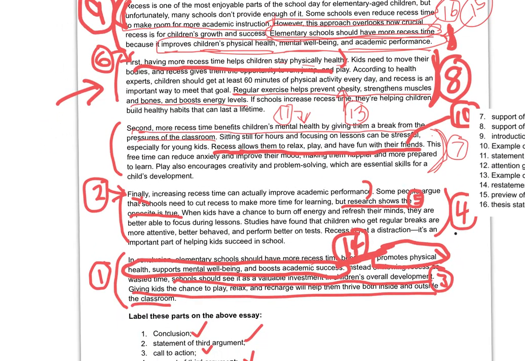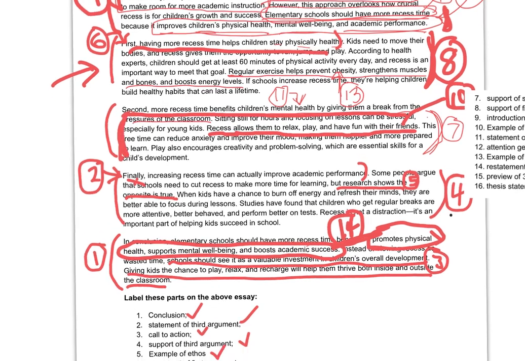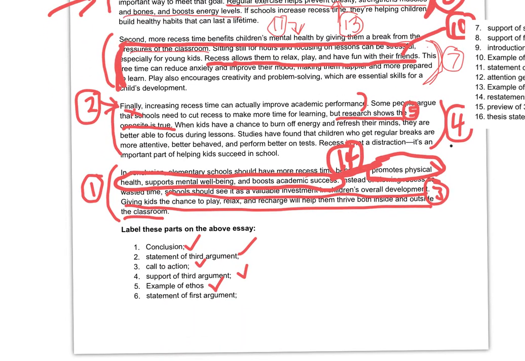The same thing happens in paragraph 3, where the second argument is clearly made, and then the rest of the paragraph supports that second argument. In my next paragraph, I have clearly stated the third argument. The rest of the paragraph supports that argument.